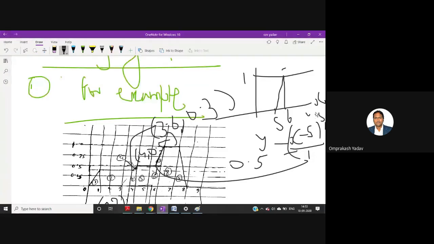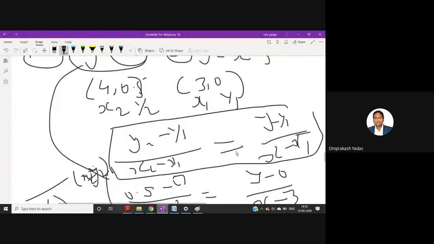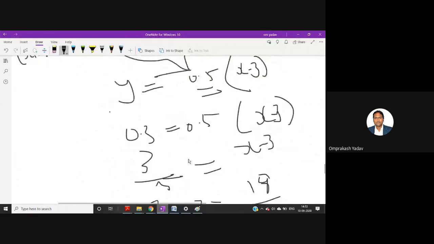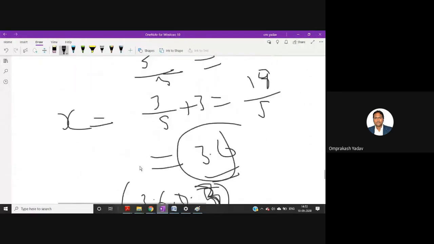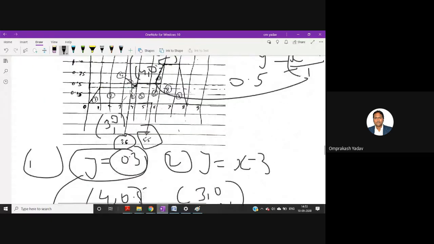Or if you're not understanding this, you can simply calculate by the 2-point form. Whatever method you want, you can directly calculate by that. But I want the intersection point, that's it. After determining this intersection point, our job is done. Now we can try to fill out the entire table. So let's go to the table.